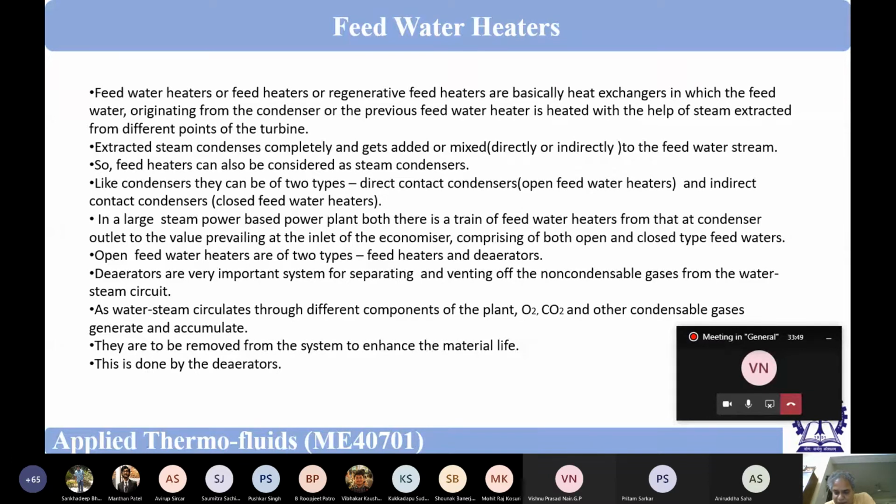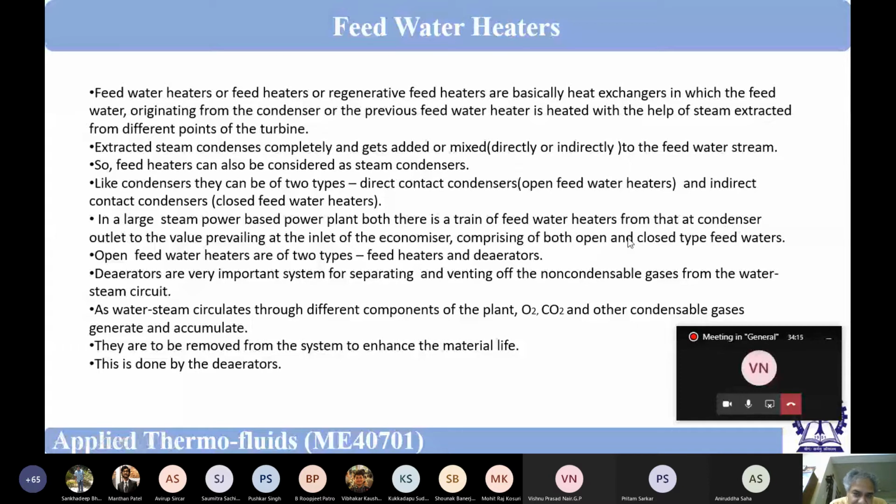Well, let us draw some conclusion from that. Similarly, as we proceed, we will see that open feed water heaters are used, but less in number. Mostly closed feed water heaters are preferred. All right.